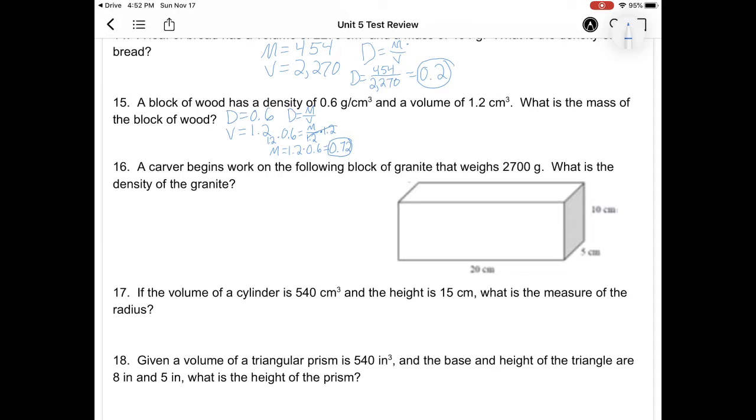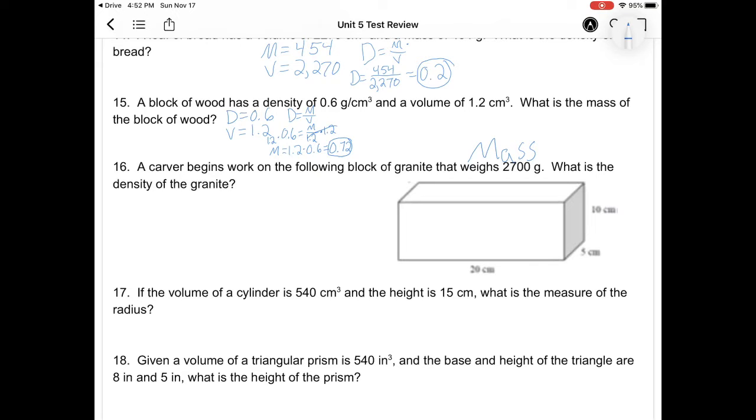All right, number 16. We are given this block and we are told that it weighs 2,700 grams. What is the density of the granite? So this weight is representing our mass.